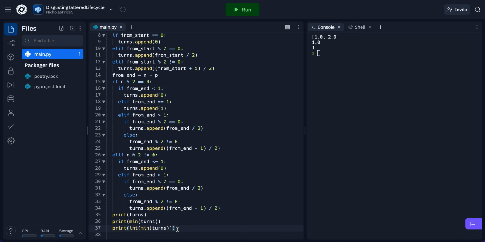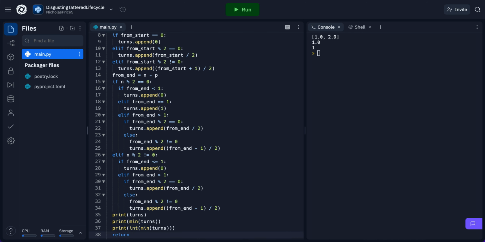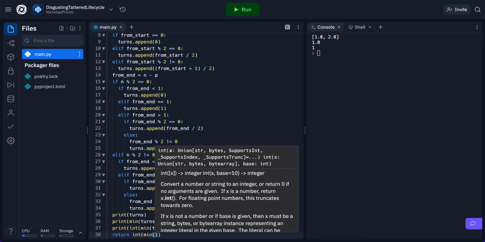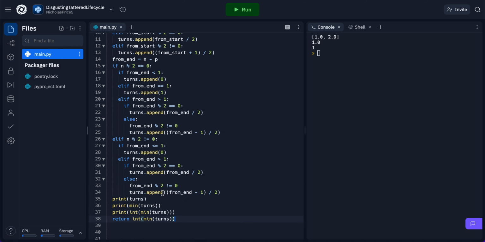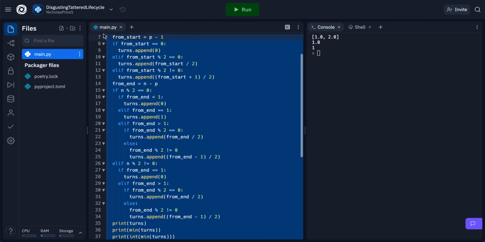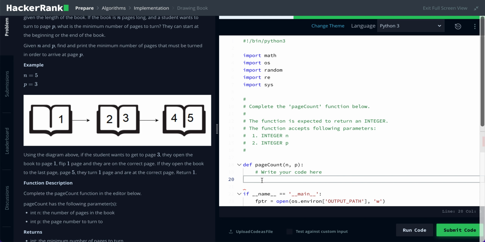Great. And then, of course, because it's Hackerrank and it always wants us to return our value, we can return int min turns. So let's go ahead and copy and paste this all over. You know what, I'm actually going to copy it right from my VS Code example that I've got off page, so I don't have to go in and correct all the formatting.